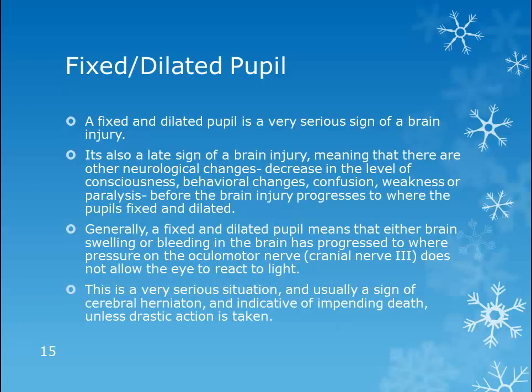Generally, a fixed and dilated pupil means that either brain swelling or bleeding in the brain has progressed to where there's pressure on the oculomotor nerve, cranial nerve number 3, and it does not allow the eye to react to light. This is a very serious situation and is usually a sign of cerebral herniation and indicative of impending death unless drastic action is taken.